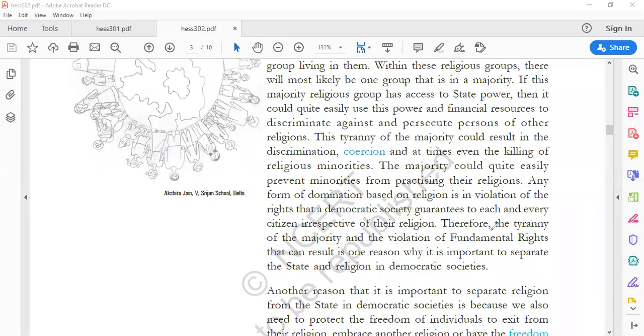Got it? Tyranny of the majority, and violation of the fundamental rights, which will result if you take one religion as a state religion. So that is why it is important to keep state and religion separate in democratic societies. Understood?